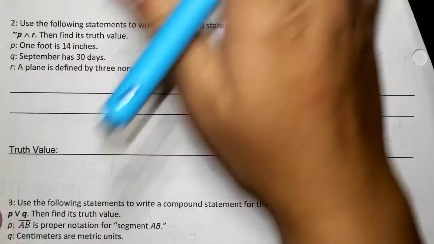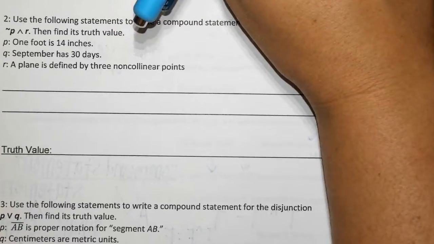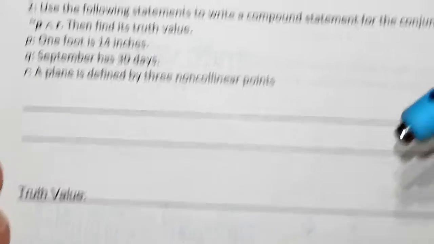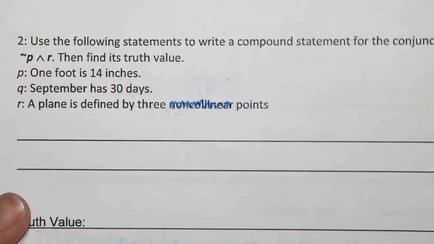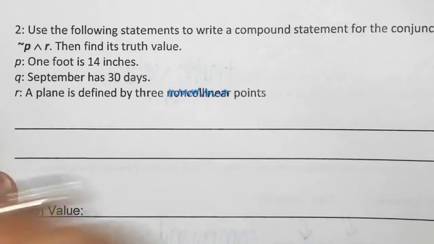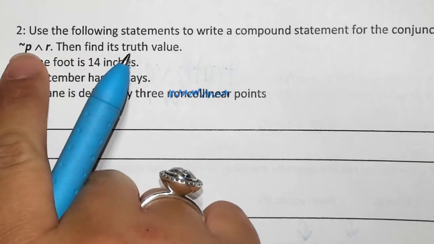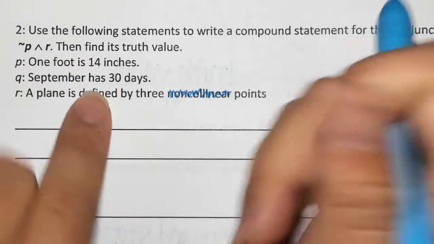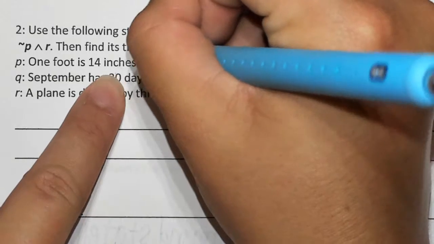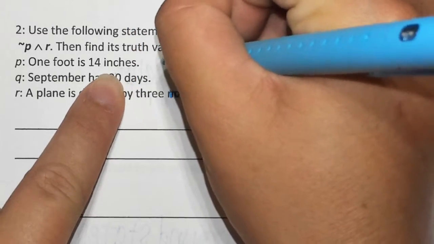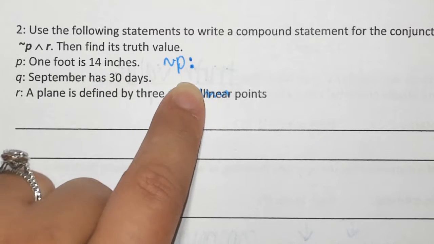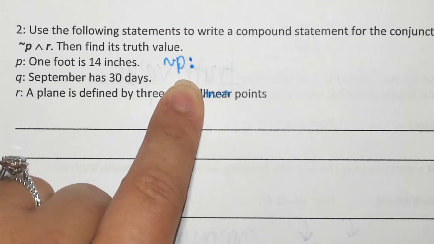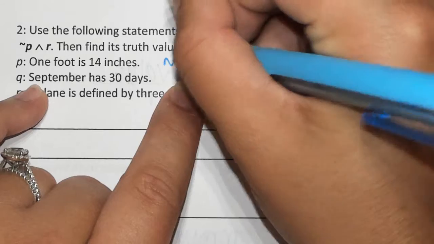Okay, now, same thing, even the same statements. However, do you see this negation in front of P? Okay, so let's go ahead and write what the negation of P is. Well, if P is 1 foot is 14 inches, the negation of P is 1 foot is not 14 inches.